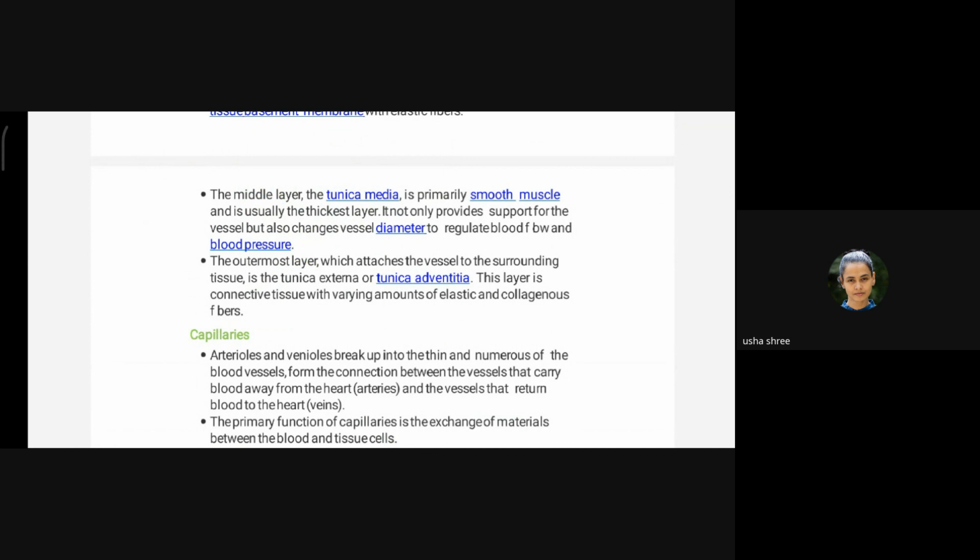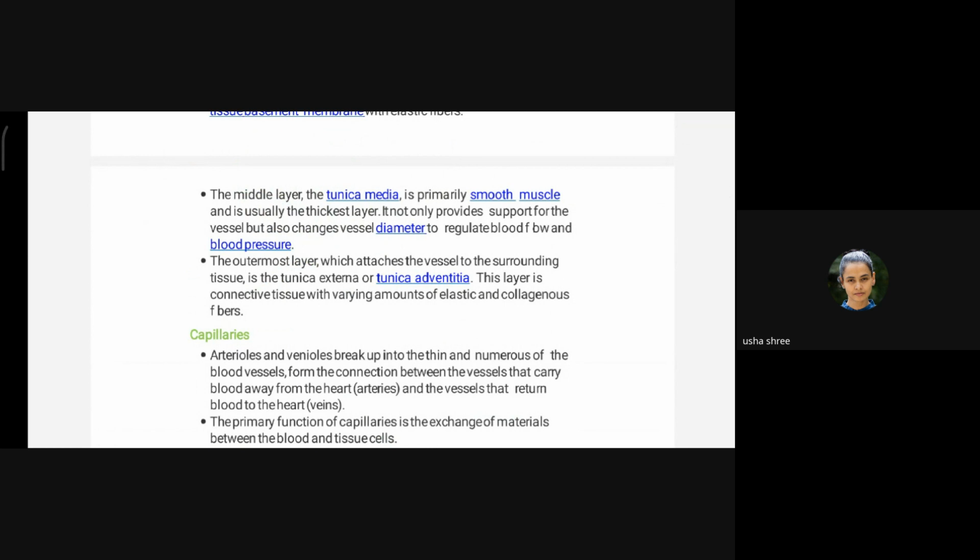The outermost layer, which attaches the blood vessel to surrounding tissue, is the tunica externa or tunica adventitia.